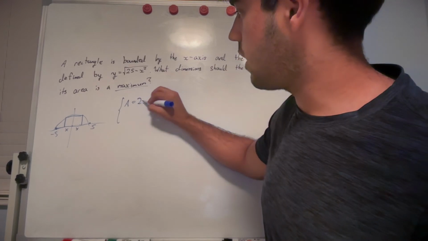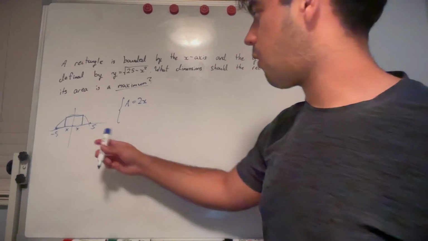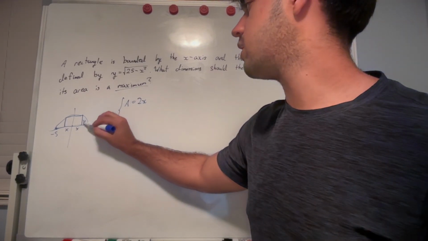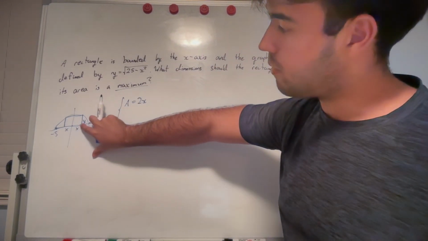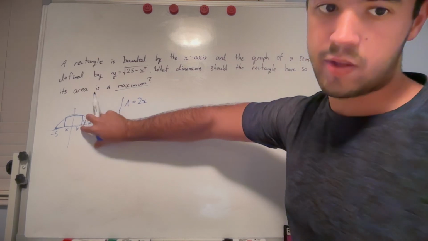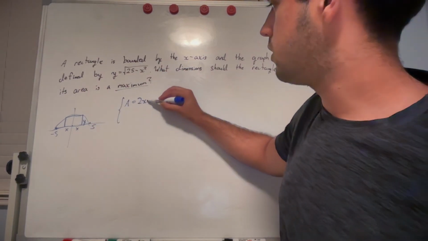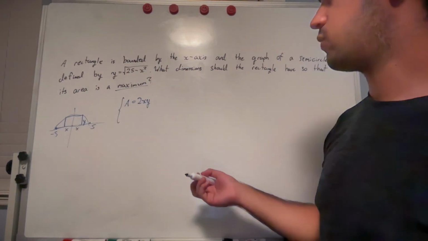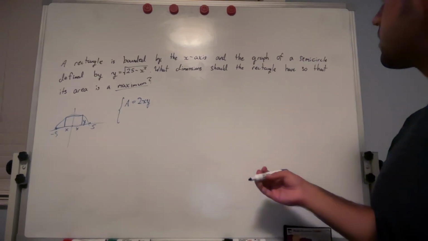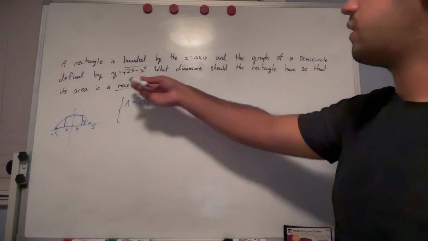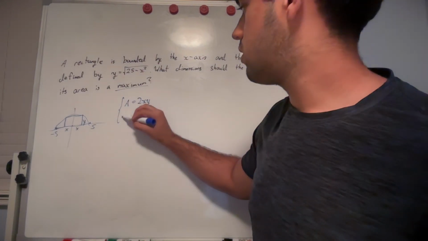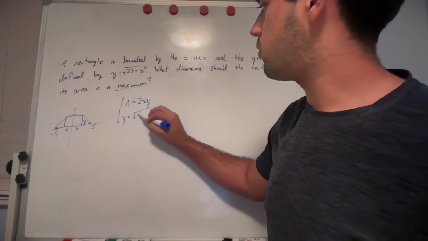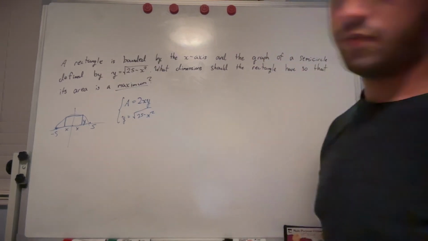So I'm going to write 2x, and then for our y, well, since it's bounded by the x-axis, we'll just keep it going from 0 to whatever y value, and that means we're only going to be working with 1y. So we don't have to multiply that by 2 as well. And then it asks for the area, and we're given that y equals the square root of 25 minus x squared.